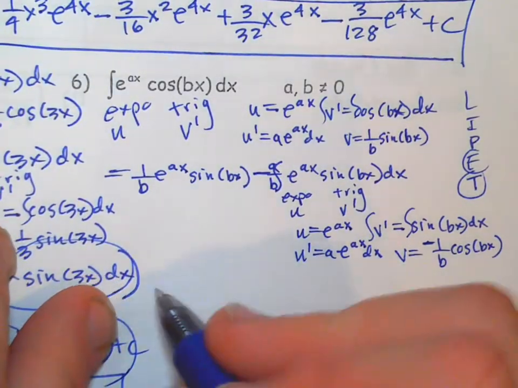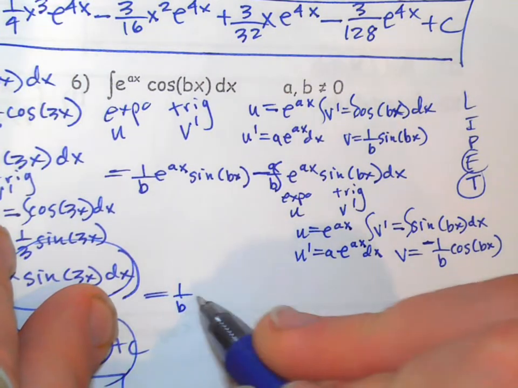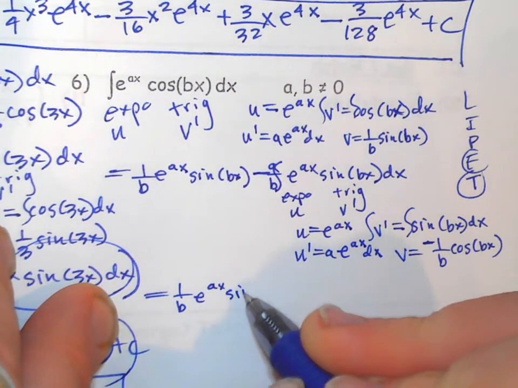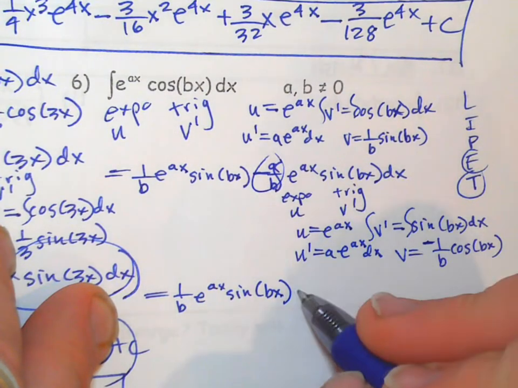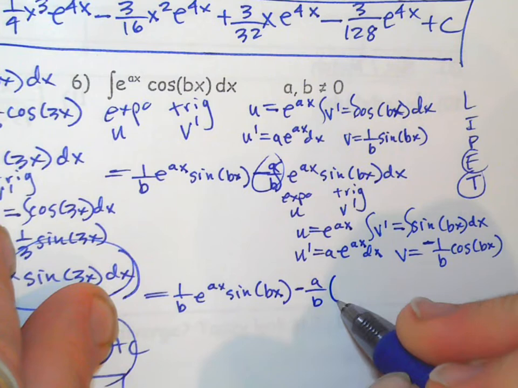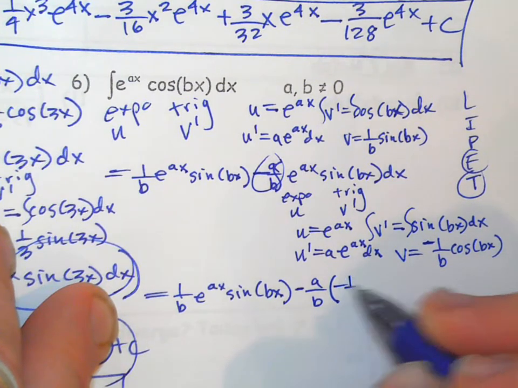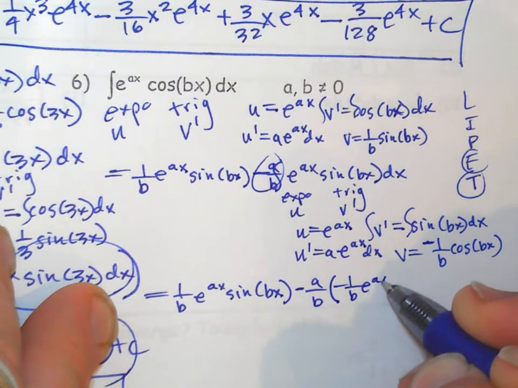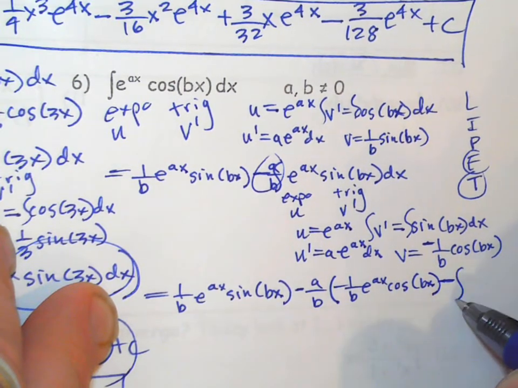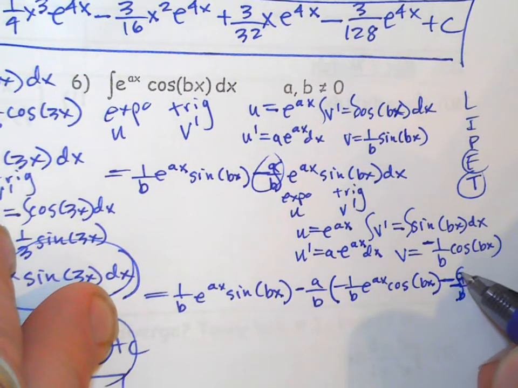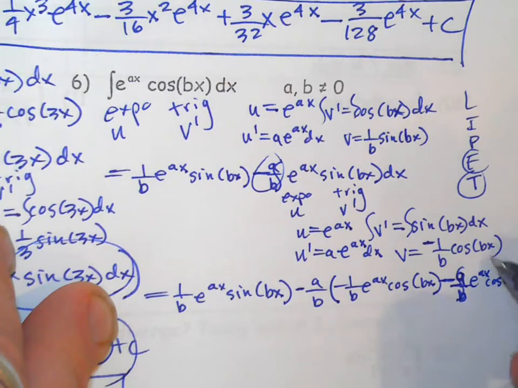Okay, so what do we have now? 1/b e to the ax sine bx minus a over b, parentheses, uv, -1/b e to the ax cosine bx, minus the integral of the two new things. So there's -1/b in front, a over b in front, and you have e to the ax cosine bx dx.